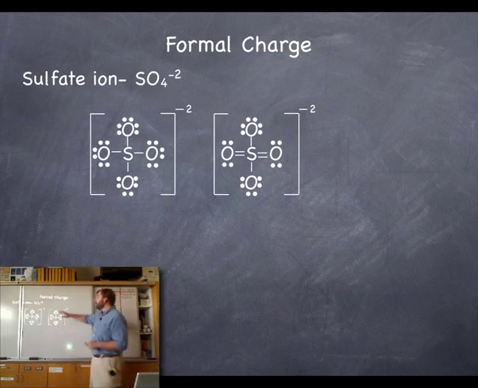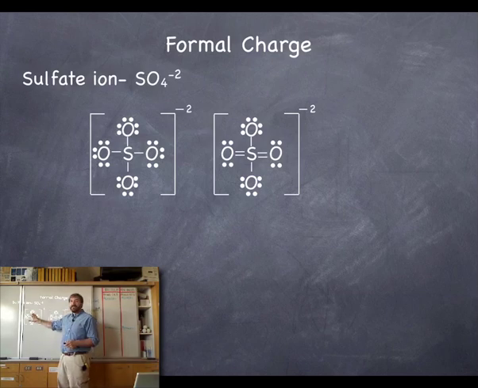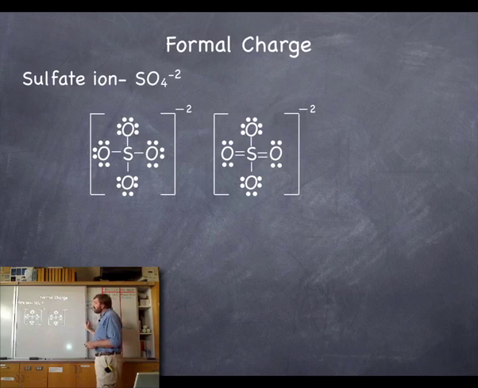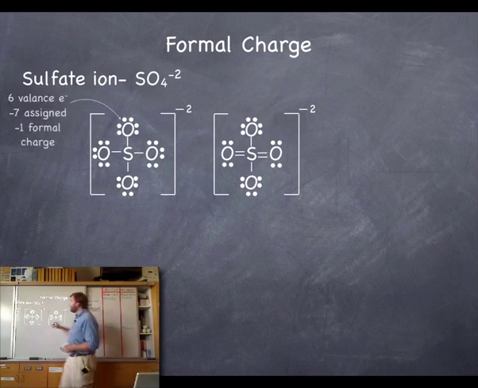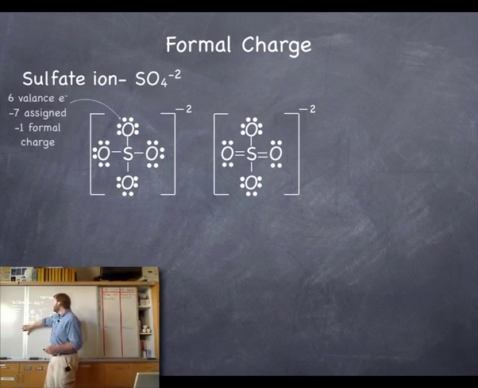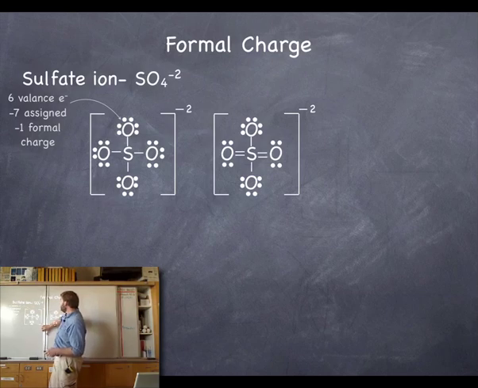So, normally oxygen has how many valence electrons? Normally oxygen has 6 valence electrons. In this system, we've assigned the oxygen 7 electrons. 1, 2, 3, 4, 5, 6, 7. The bond counts as 1. You split the bond in half, 1 electron to the oxygen, 1 electron to the sulfur.